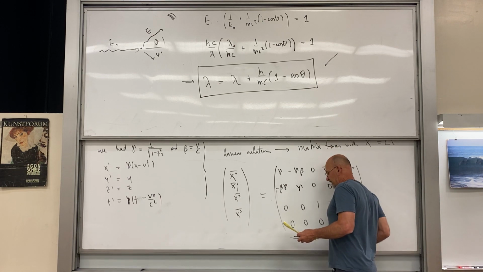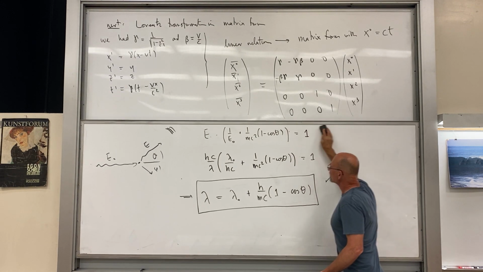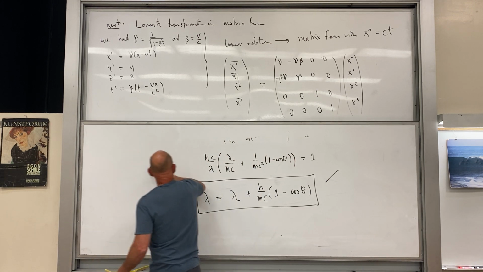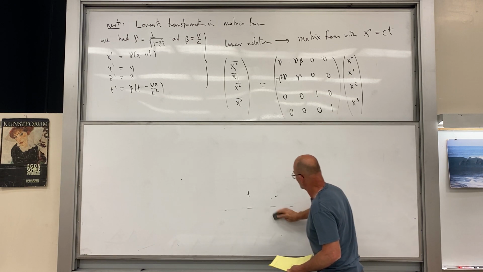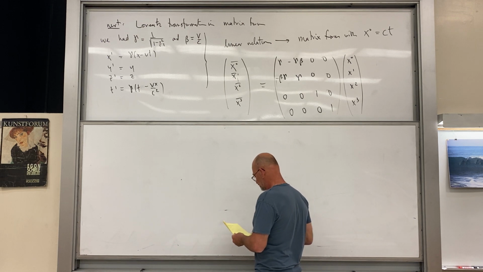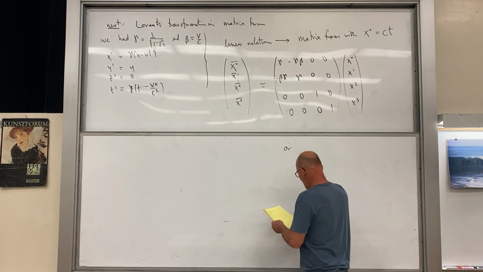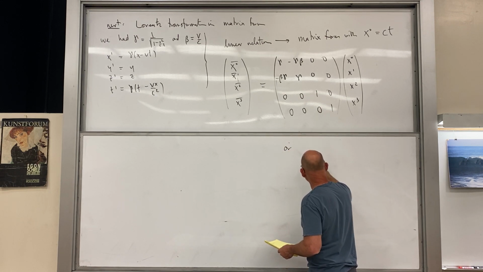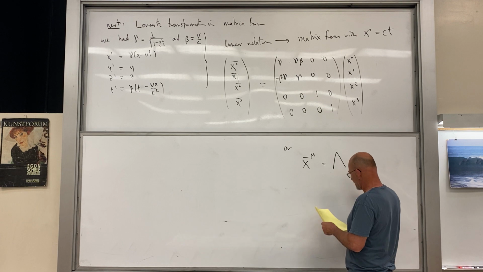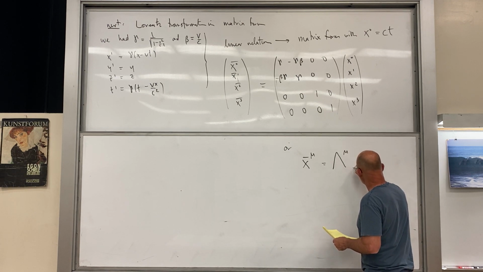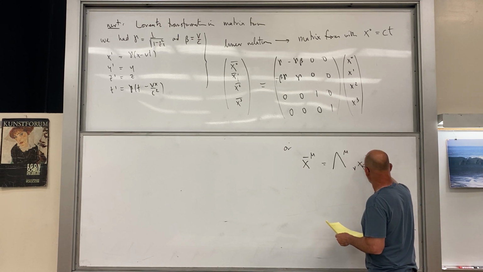So we're going to put a shorthand for this. Right directly under this, I can write x overbar mu, the superscript, equals this transformation matrix lambda mu nu, and so this is a row and this is a column, times x nu.